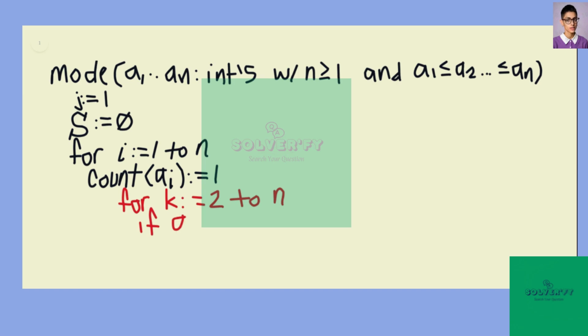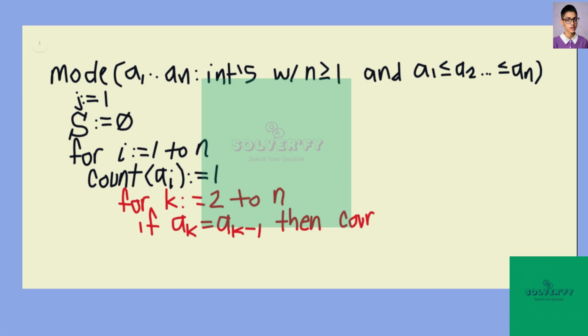if this element in the list is equal to the element right before it, so like if element 2 was the same as the first element, then we want to change the count, right? So it's no longer equal to just 1.